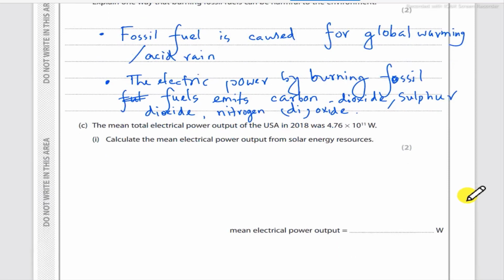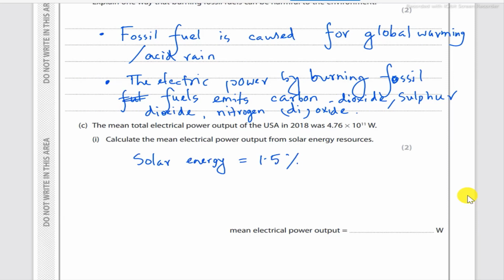The mean total electrical power output of the USA in 2018 was 4.76 times 10 to the power 11 watt. Calculate the mean electrical power output from the solar energy resources. Solar energy is 1.5%.